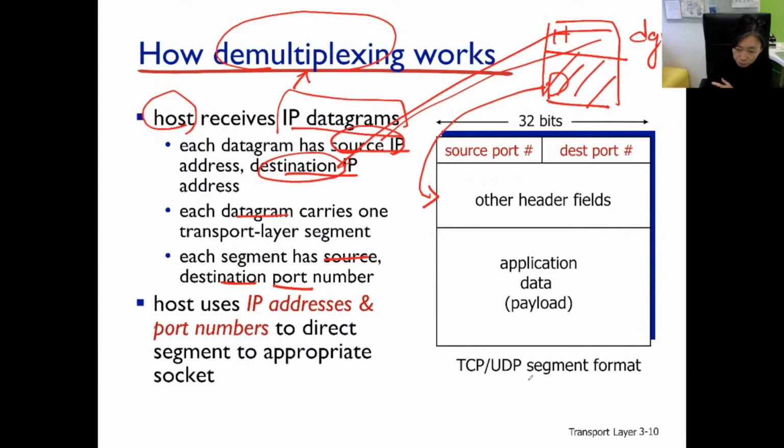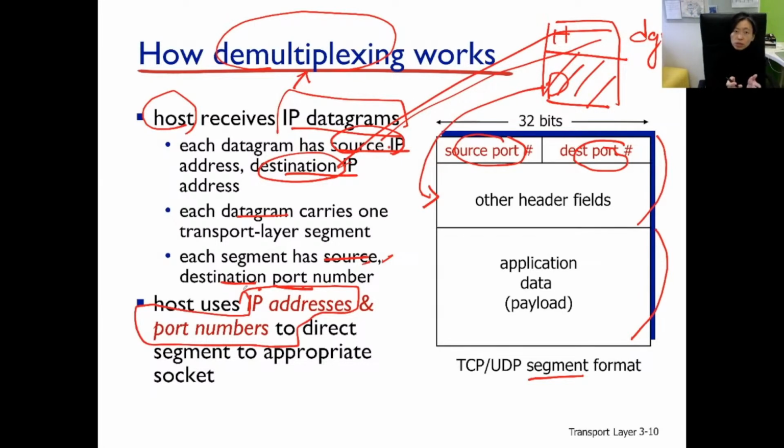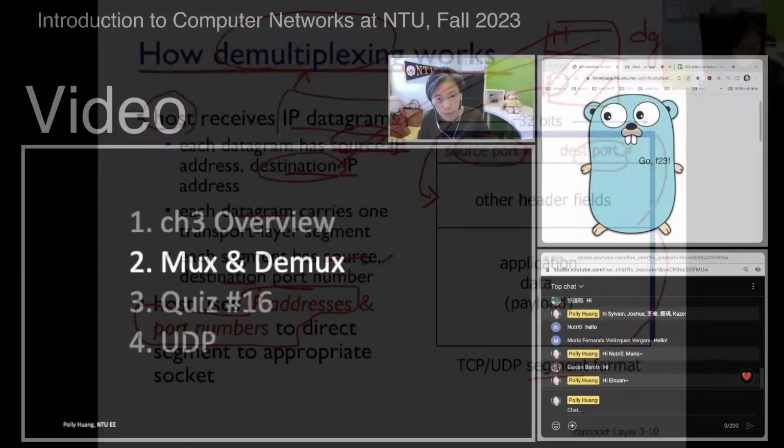Similar to a datagram, a segment is also composed of two parts, the header and the data part. The segment's header contains source and destination port numbers as well. So source and destination IP together with source and destination port numbers are the information that allows the transport layer service on the receiver side to do demultiplexing. I hope this is clear.